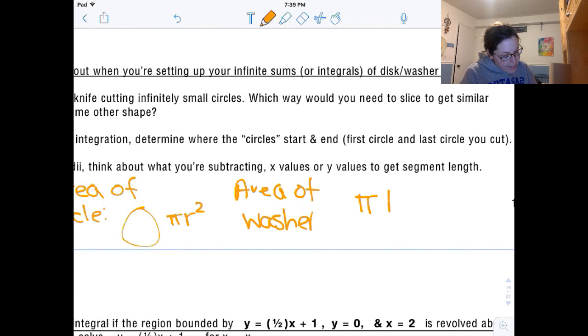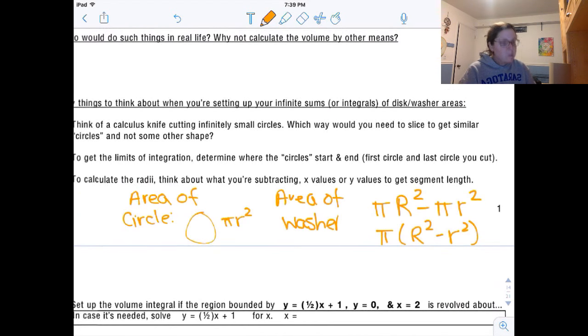So you're going to do pi times the outer radius squared minus pi times the inner radius squared, which is the same as pi times the difference of your radii squared. Those are your cross-sectional area formulas. So area of a circle, just pi r squared. Area of a washer, the outer minus the inner. And so because of that, these are going to be what we accumulate. So when we take the integral for a disk, we're doing the integral of pi r squared. When we take the integral for a washer, we're doing the integral of pi r squared minus pi r squared.